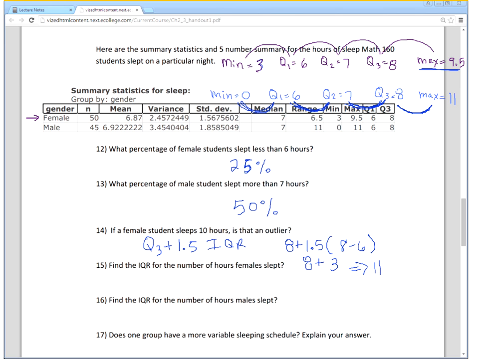So anything greater than 11 would be considered an outlier. And of course, 10 is not. So you'd say not an outlier. And here's your work.